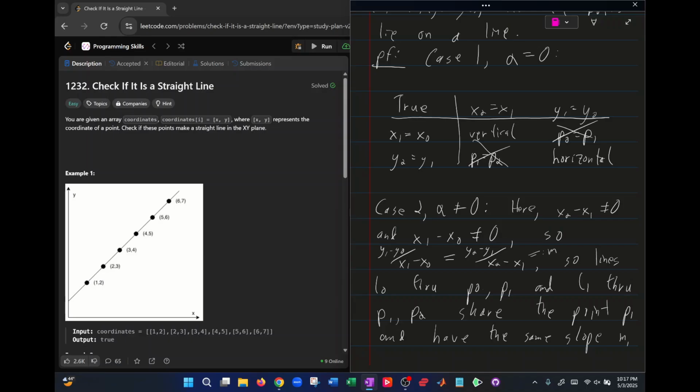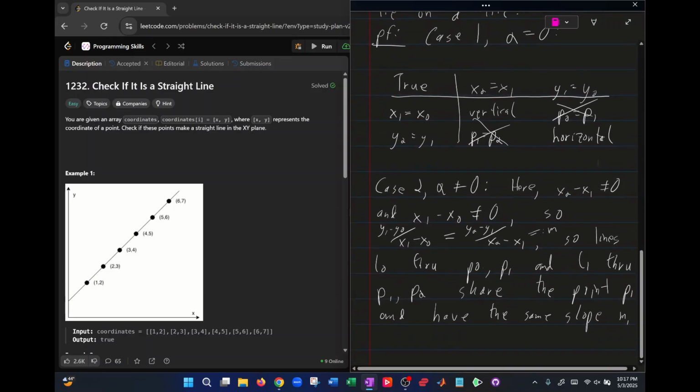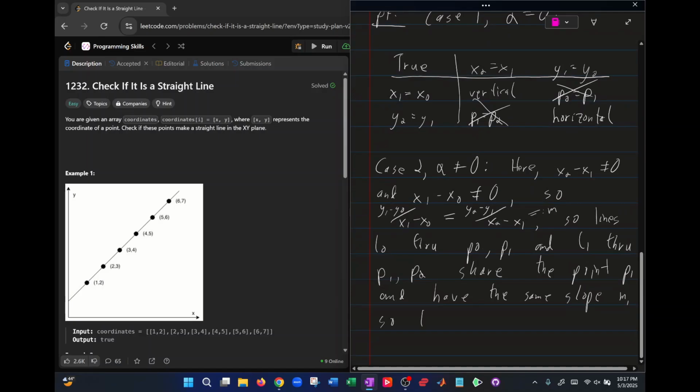We'll define m to be equal to this thing. So they are collinear. Collinear? That's the right word, right? They lie on the same line.